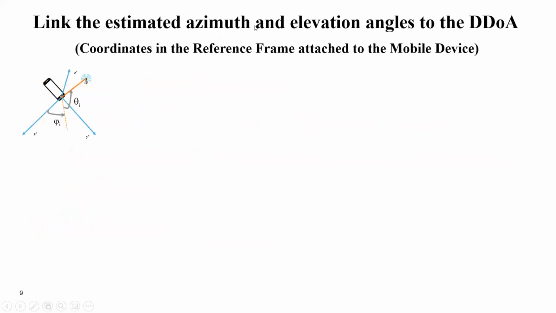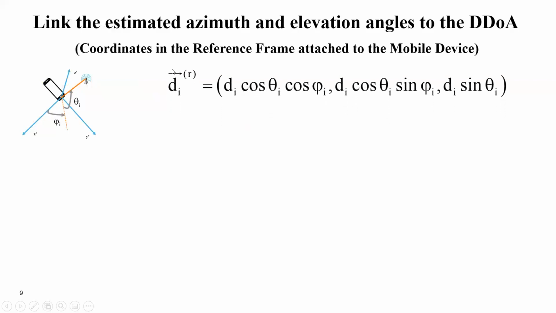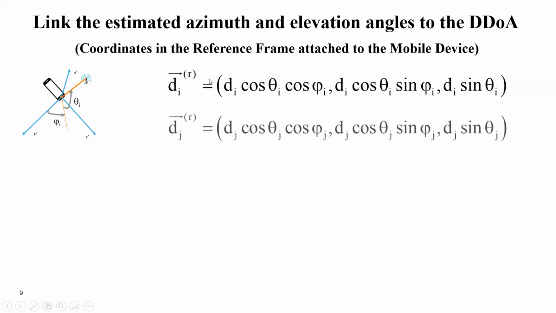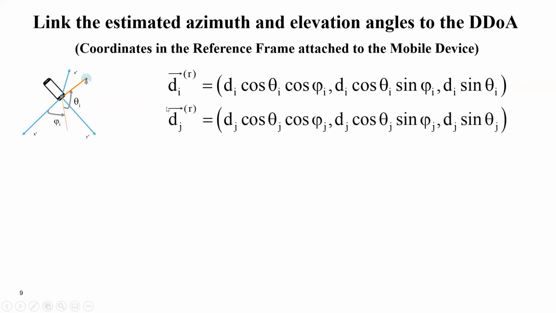We link the estimated azimuth and elevation angles to the DDoA, and in the following computations, the coordinates are considered to be in the reference frame attached to the mobile device. This is the coordinates of the vector d i, and this is the coordinates of the vector d j.